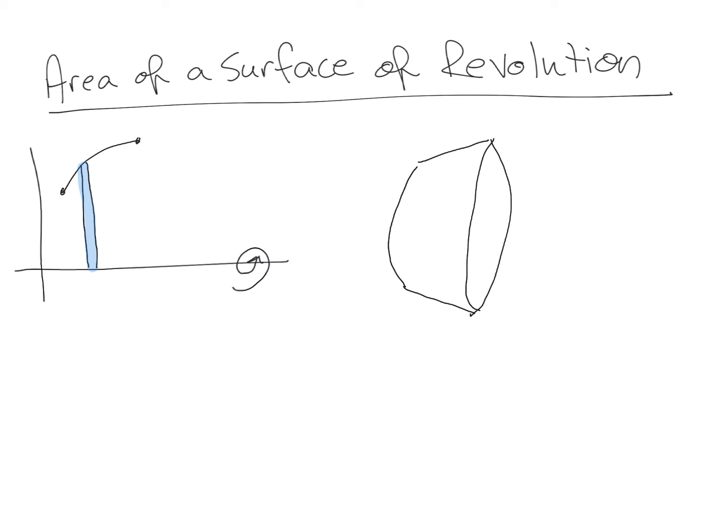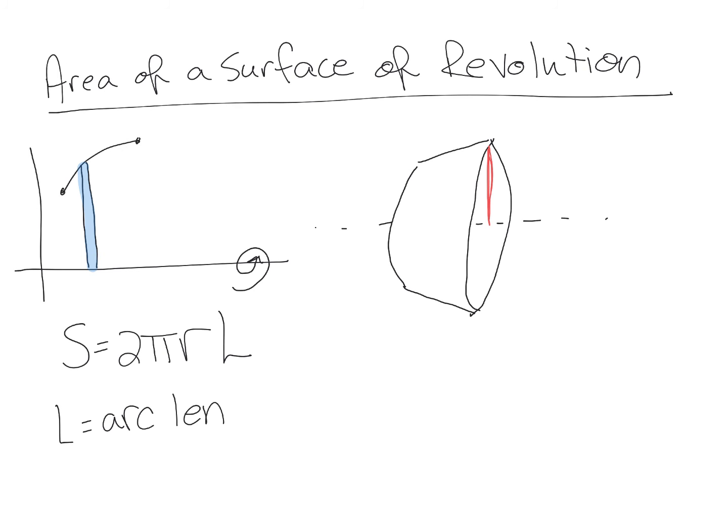We have a formula for the surface area of a cone, and this is going to be a little sliver of that. 2 pi r, that's the circumference of the circle, where here's my axis of rotation, r will be that distance right there, and we're multiplying that by L, where L is the arc length that we found on the previous page.